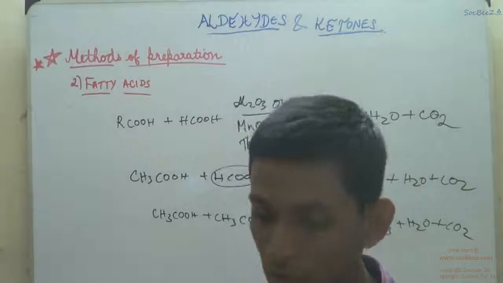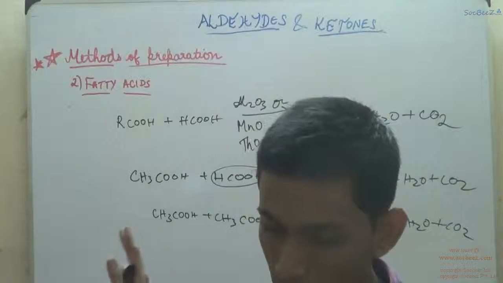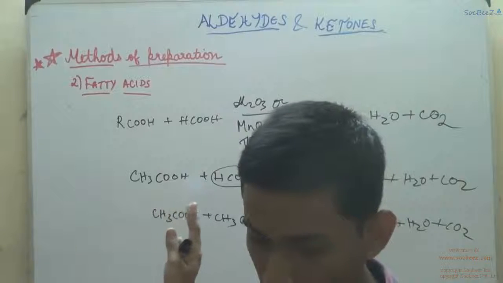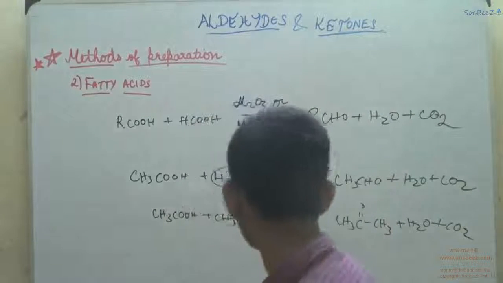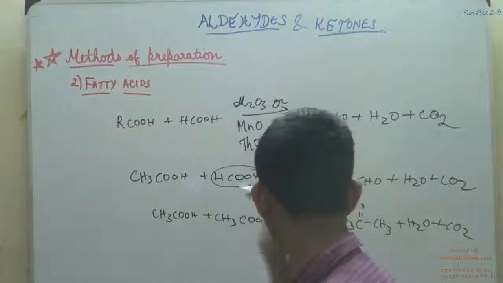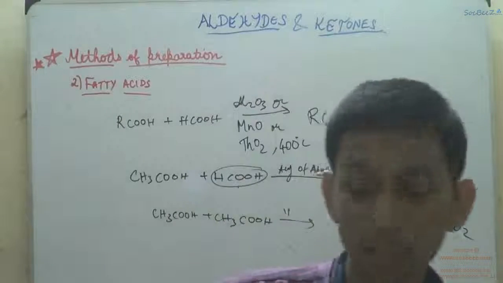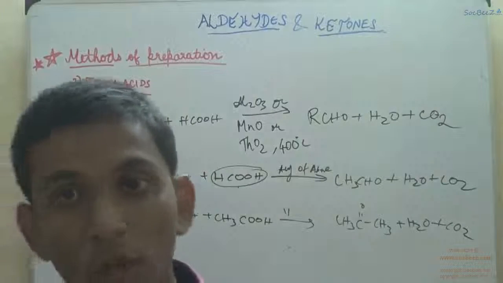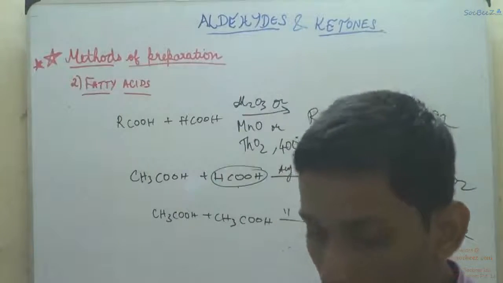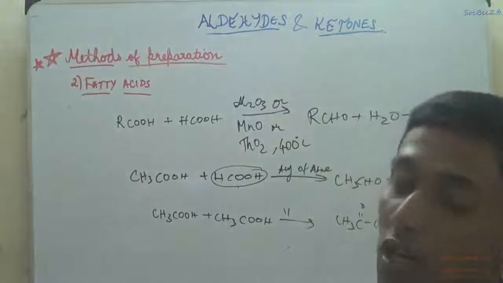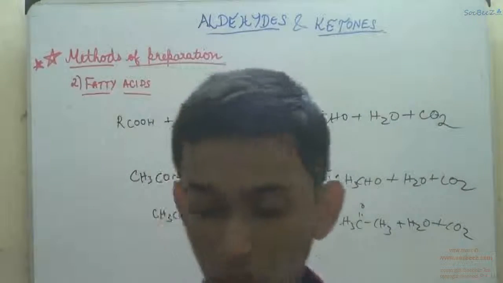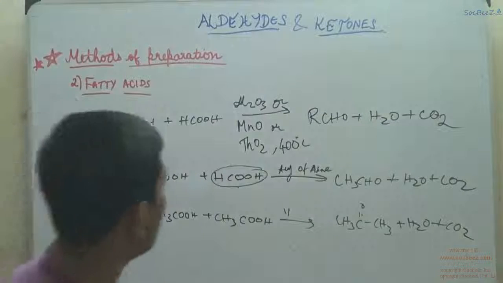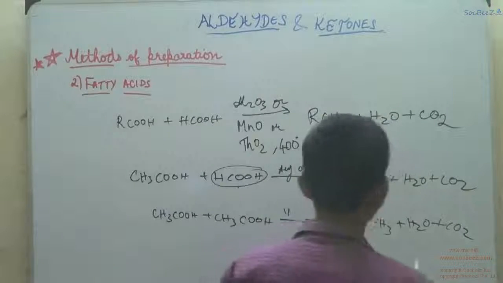But if you use formic acid, you get this. Remember, formic acid is the only acid which undergoes decomposition, or what you call decarboxylation, even in the absence of catalyst. So formaldehyde is not obtained in this particular reaction.